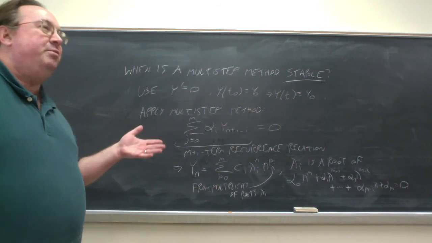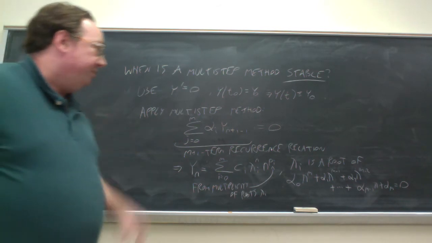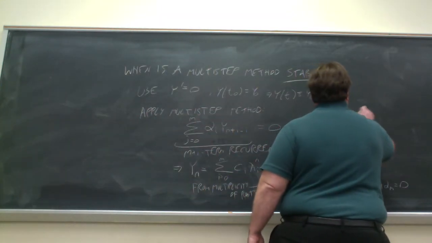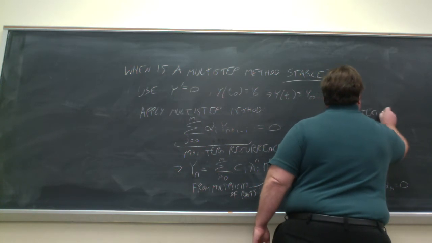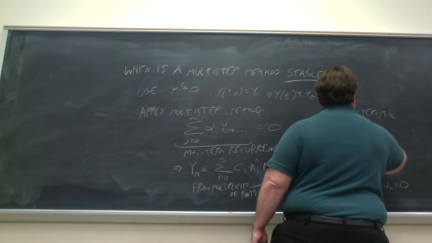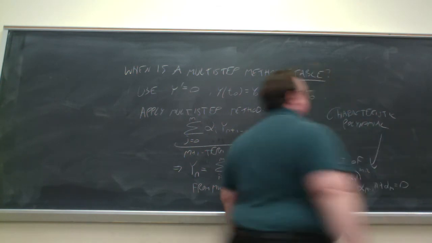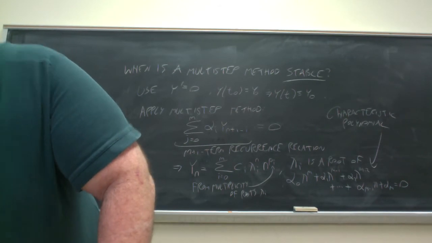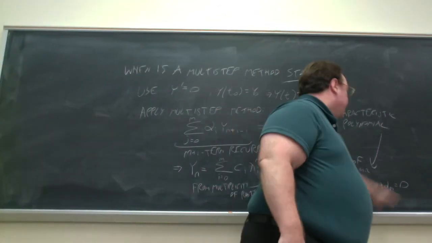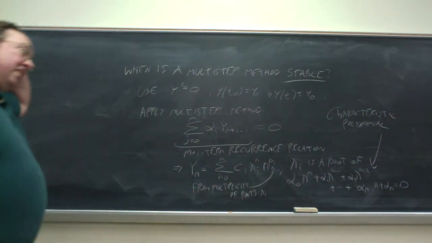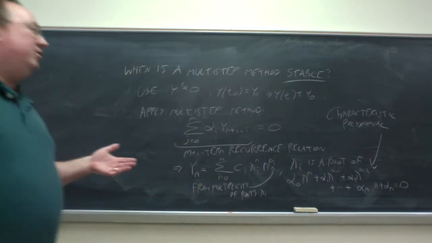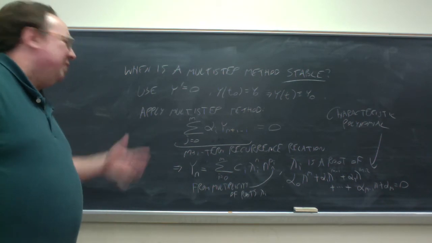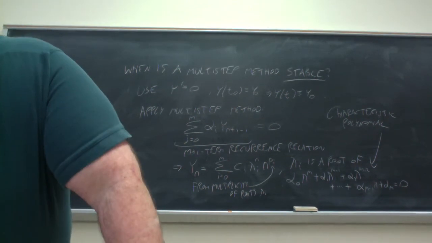Only if you have repeated roots are you actually going to have anything from that. This polynomial is called the characteristic polynomial of the multistep method. In fact, this equation with the equals 0 included is called the characteristic equation. Although, unfortunately, the term characteristic equation is used in other contexts, like it comes up in DE. It's related, but doesn't quite mean the same thing. So it's a very overused term.